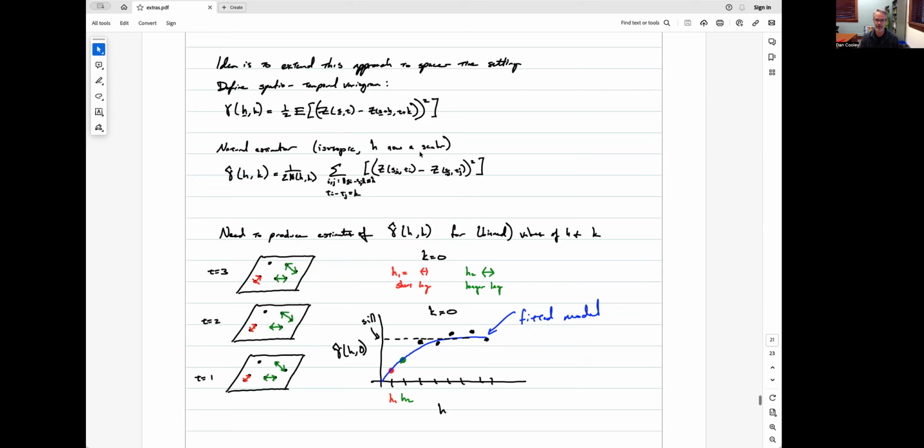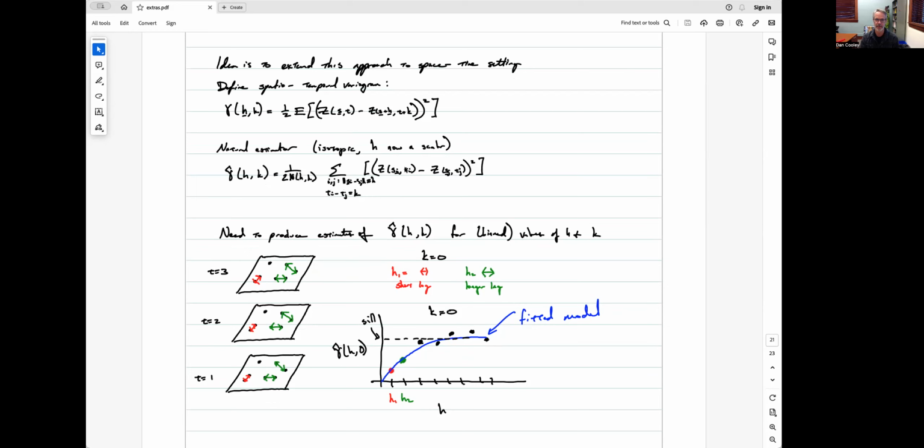The natural estimator is going to be basically the same thing. Take, this is N(h,k), so take basically the number of observations whose locations are approximately h apart and whose time difference, time lag, is k.